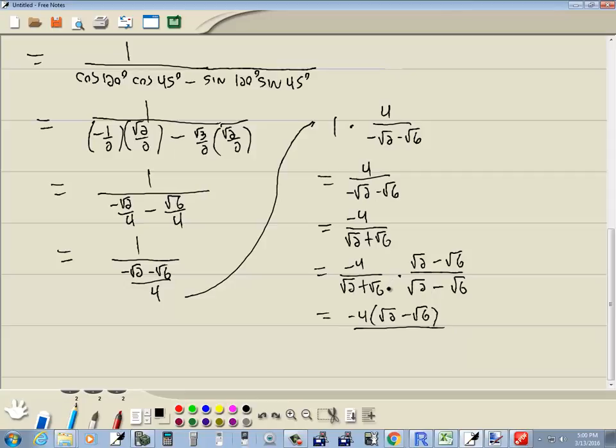When you're multiplying conjugates together, all you have to do is multiply your first parts and your last parts. Square root of 2 times square root of 2 is 2. Square root of 6 times negative square root of 6 is negative 6, which gives us negative 4 times square root of 2 minus square root of 6 over negative 4. The negative 4's cancel, and we get square root of 2 minus square root of 6, and that'd be our answer.